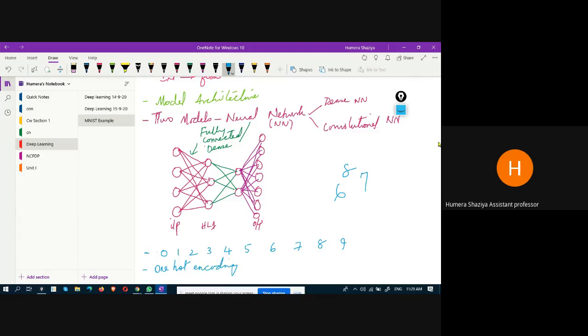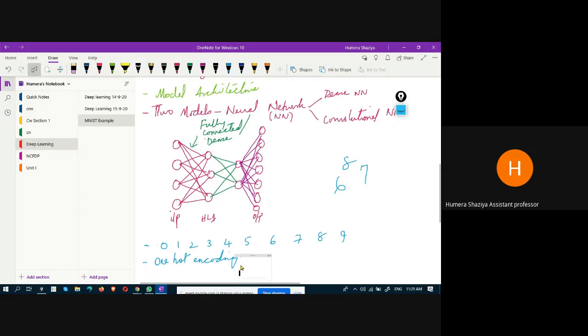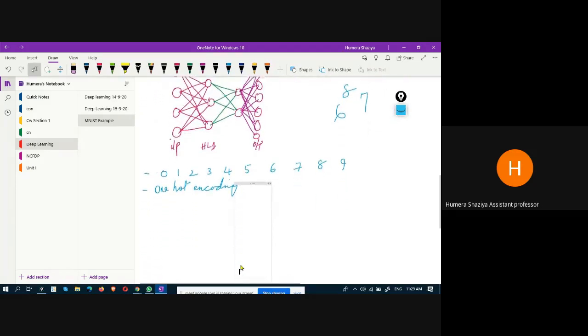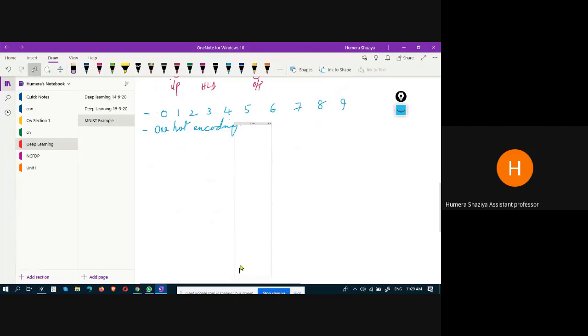One hot encoding essentially means you are giving a value 1 to the corresponding class.